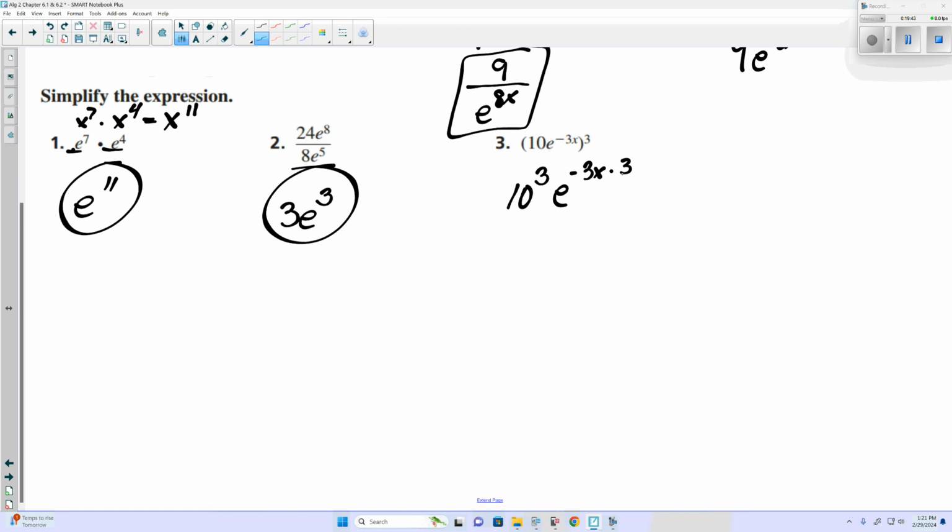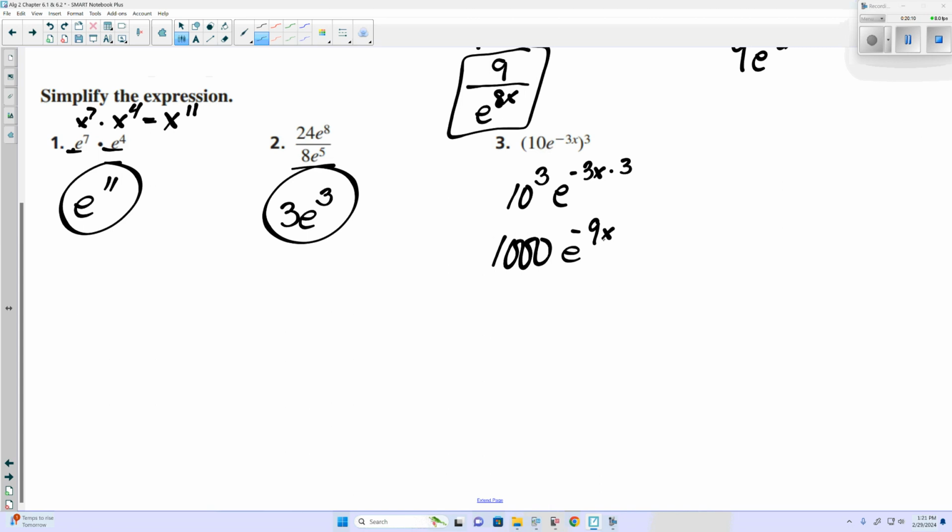Now 10 cubed is 10 times 10 times 10. Now with our exponent with e, we multiply the powers. Negative 3x times 3 is negative 9x. Very good.